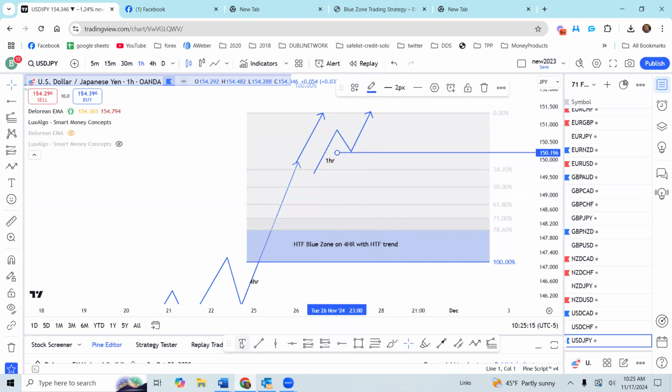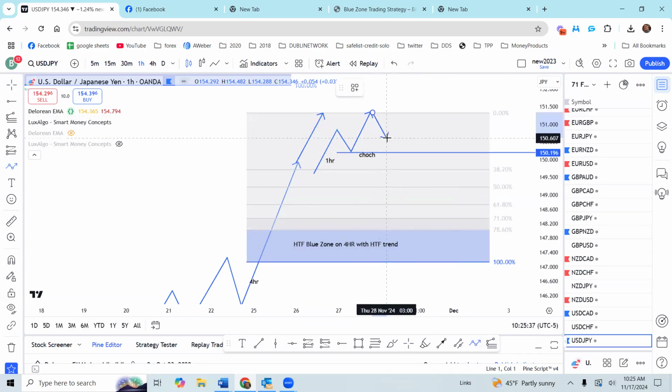So this is where we can get our change of character, or as you'll see it called a lot of times, a choke. So now on the 1 hour time frame, on the lower time frame, we simply wait. We have to wait for this change of character because why? Because price can just pull back a little bit, like I told you earlier.